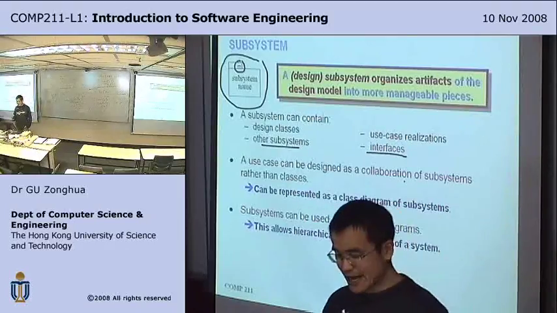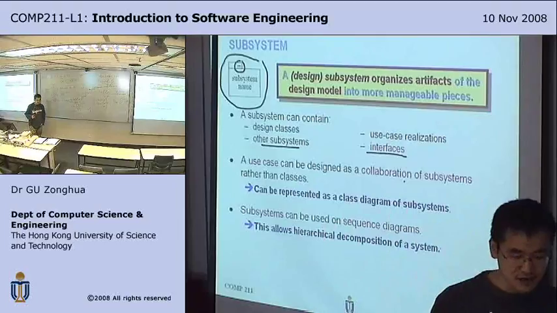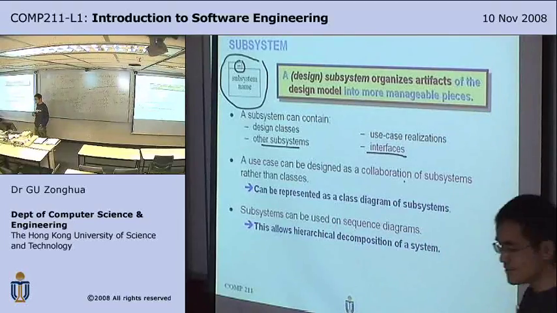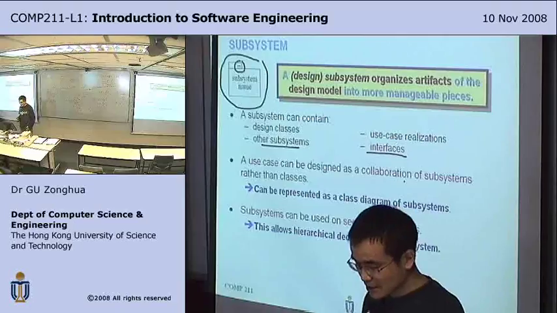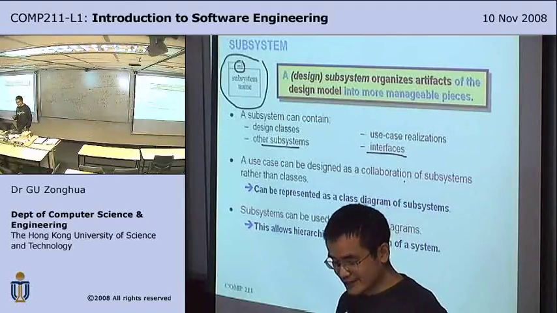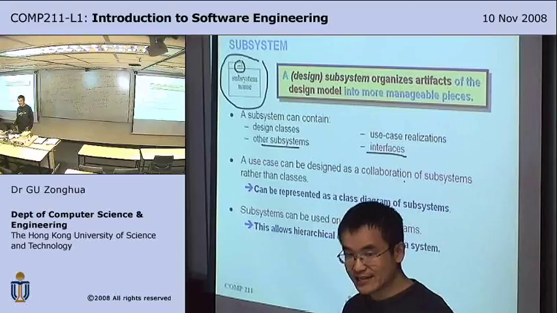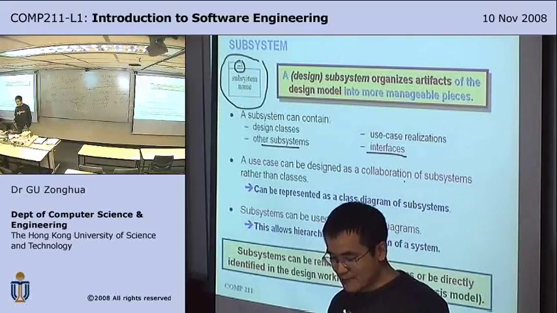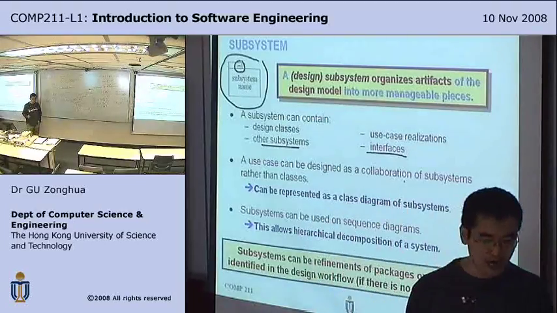A subsystem can have a behavior described in a sequence diagram, and then you can decompose the subsystem itself into another sequence diagram to describe its internal behavior within its contained classes or subsystems. So it can be a refinement of packages in the analysis model.